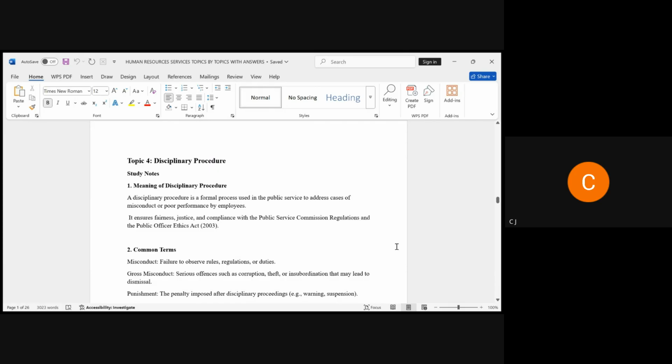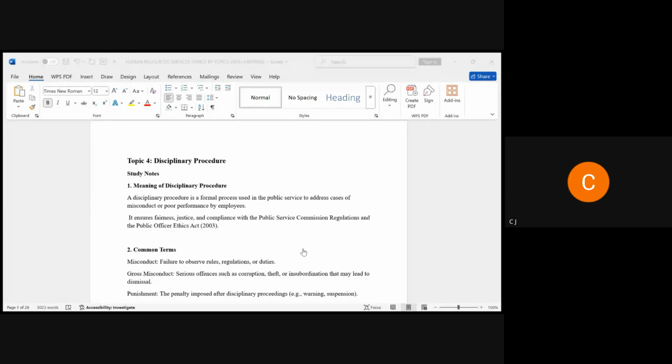Gross misconduct, serious offenses such as corruption. You engage yourself in corruption by receiving bribes from clients. That is a gross misconduct. It's a serious offense for you to receive a bribe.